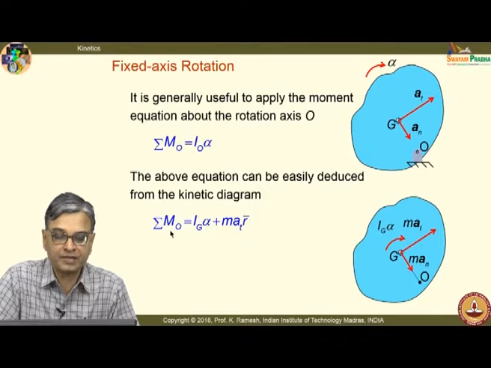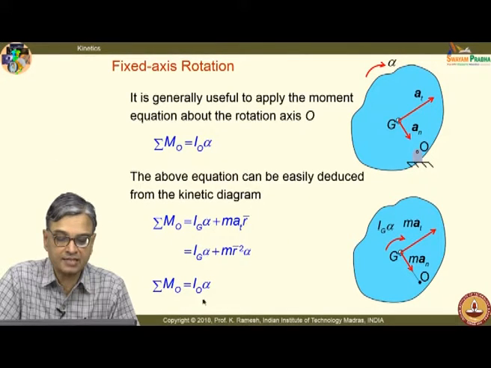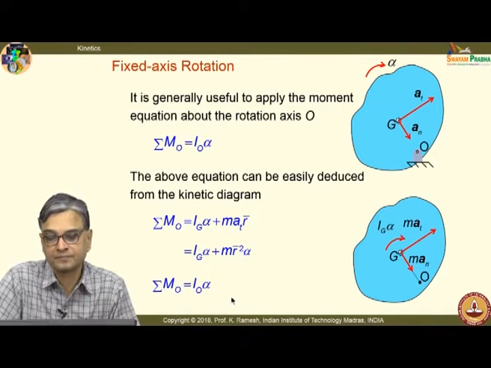You have this parallel axis theorem, M_O equal to I_G alpha plus m r bar squared alpha. So, I can put this as M_O equal to I_O alpha. In many problems, this may be easier to do.